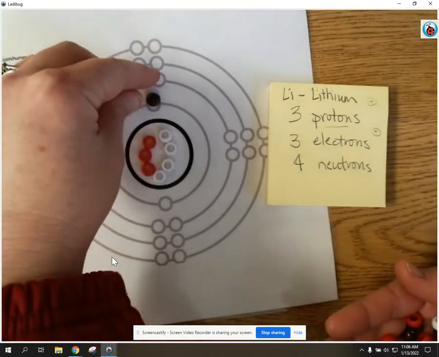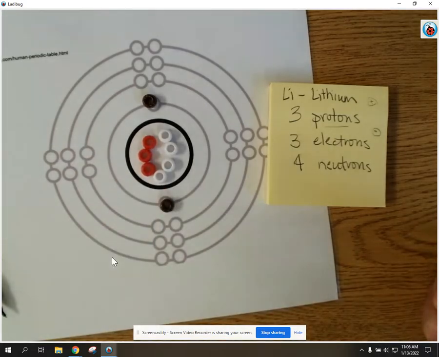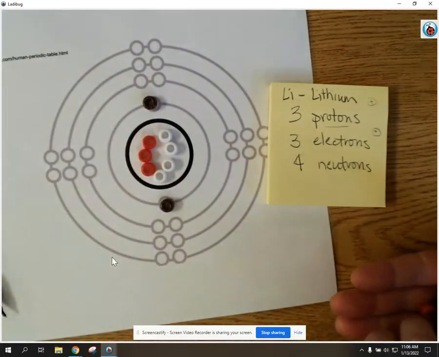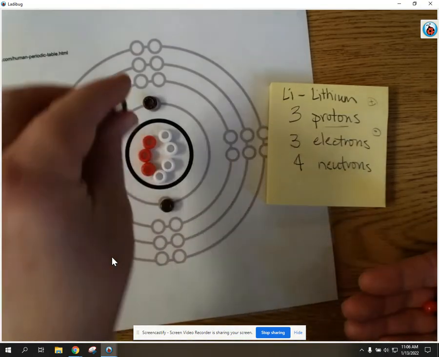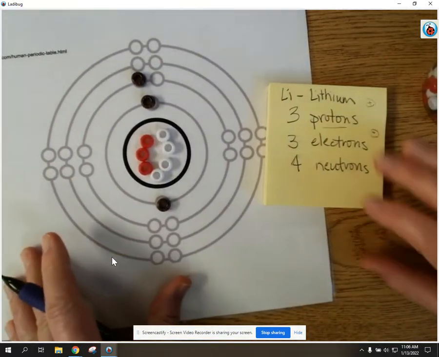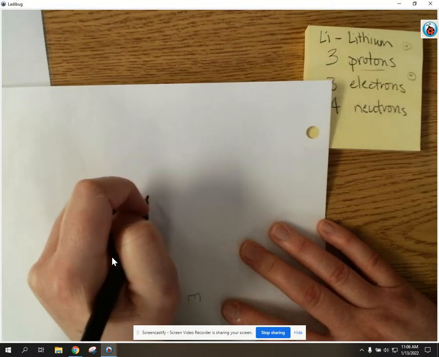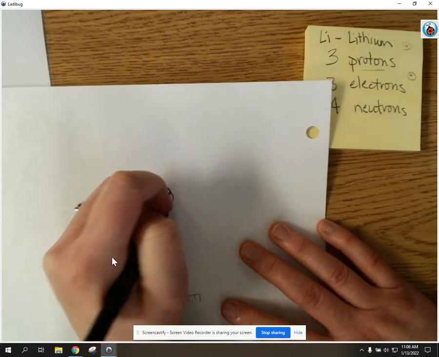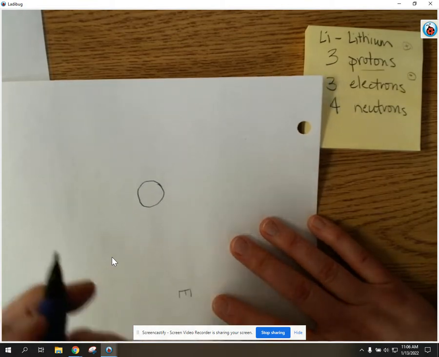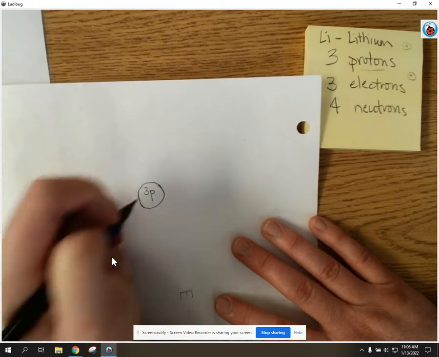Even on this model here, you can see that they have a spot in that first energy level. But we actually need 3 electrons, so 1 goes in this outer level. Now, if I were to draw a model of lithium, this is literally what I would want it to look like on your paper. 3 protons, 4 neutrons.